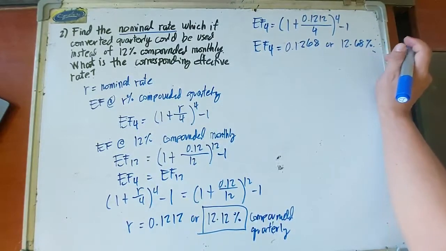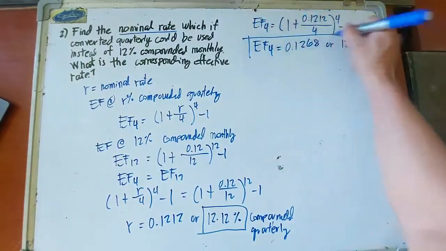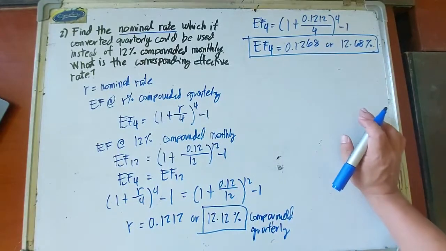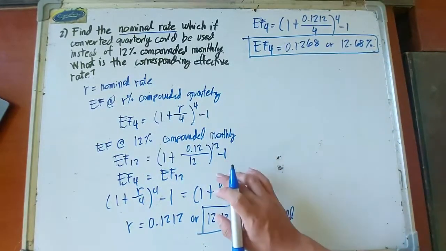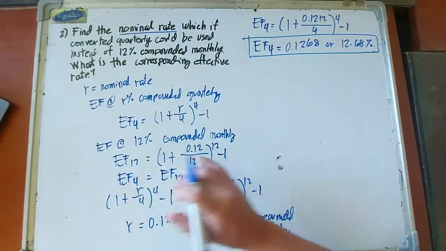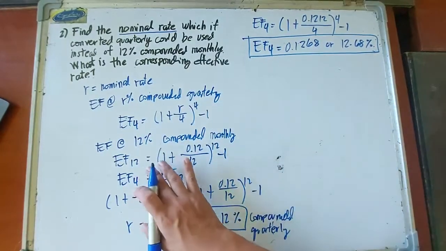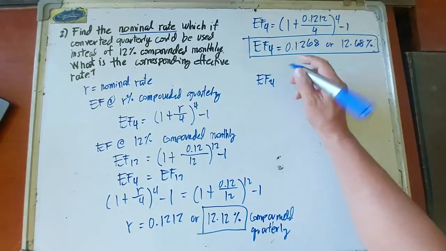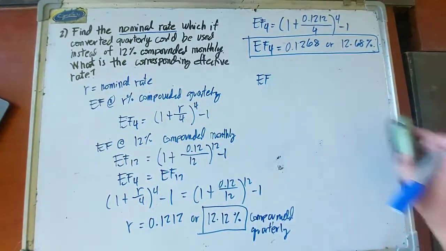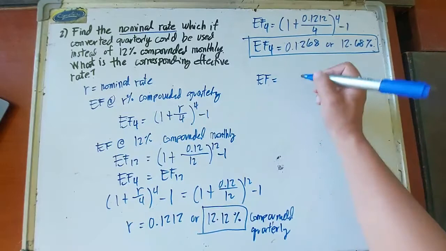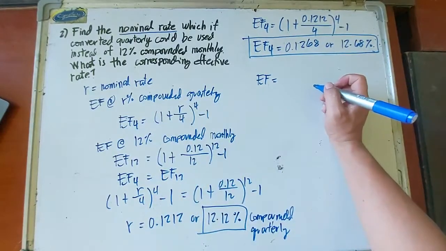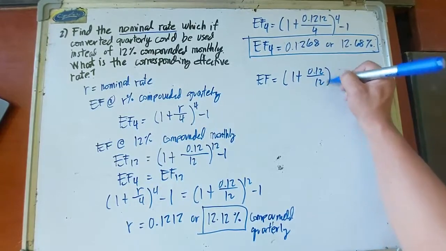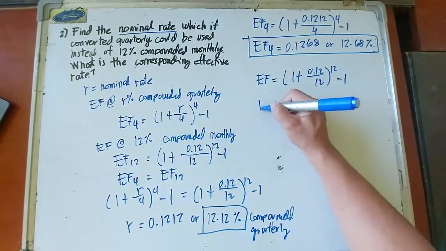Let's see if they are equal. So this is the effective rate. Is it equal to the effective rate at 12% compounded monthly? We have equated the two equations before. Let's check if they are equal. It's equivalent to 1 plus 0.12 over 12 raised to 12 minus 1.